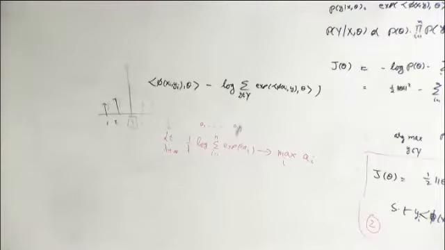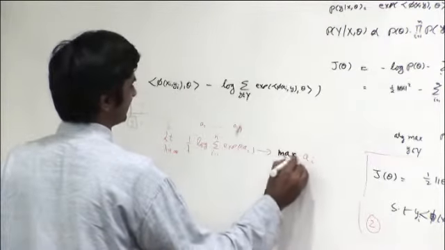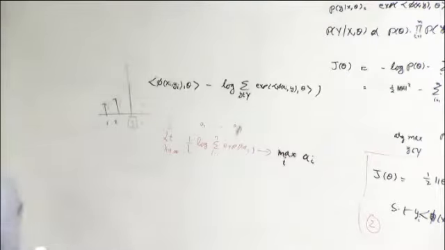It is the max over a_i. This will converge to the max.